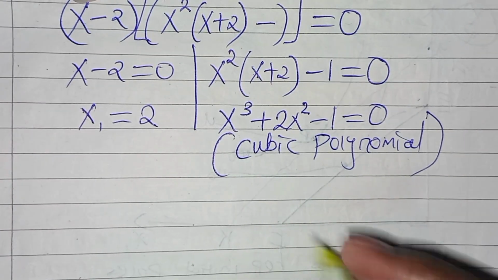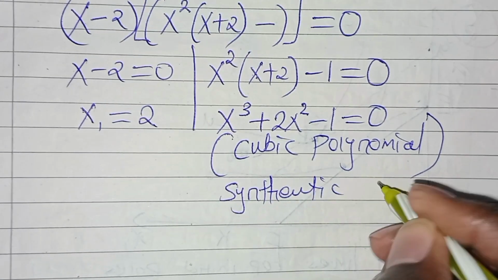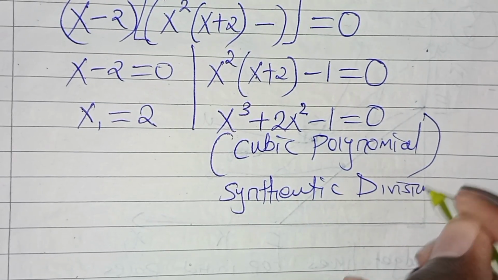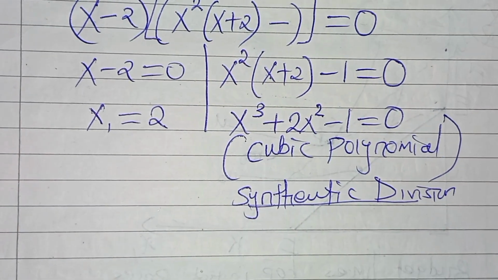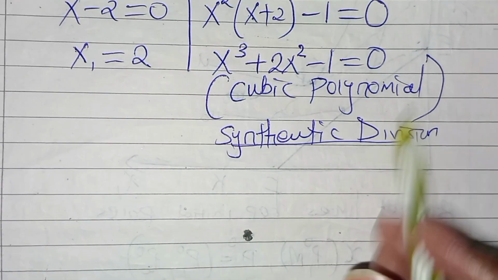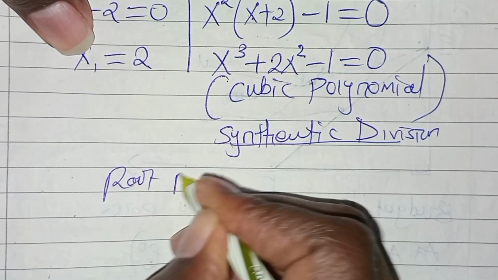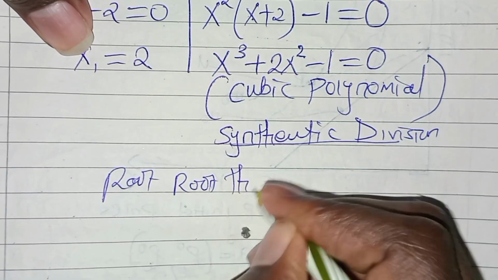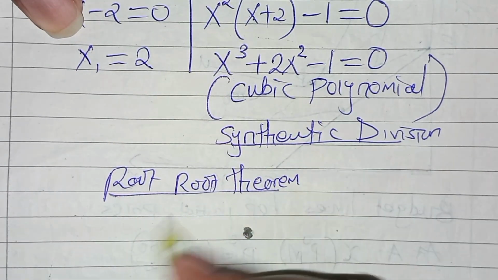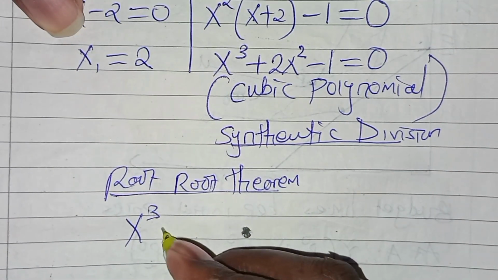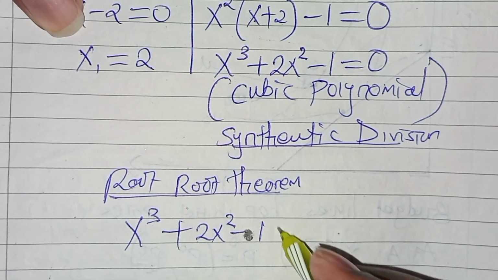In our case here, let's apply synthetic division so that we can reduce this cubic function into a quadratic equation. But before that, let's apply the rational root theorem. The cubic function is x to the power 3 plus 2x squared subtract 1, equal to 0.